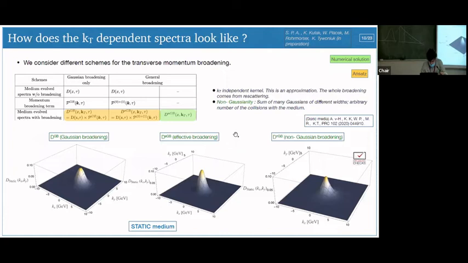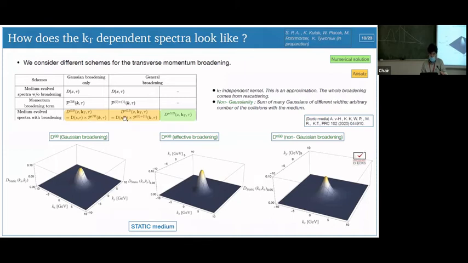This pushes us forward to introduce these broadening approximations to calculate the kT dependent spectra. Here are the three different schemes that we want to adopt. First, we take into account the medium evolved spectra without broadening, which has only the dependency on x and the evolution time variable tau. Then we impose a momentum broadening term on this ansatz, a Gaussian broadening that we assume as the first case.